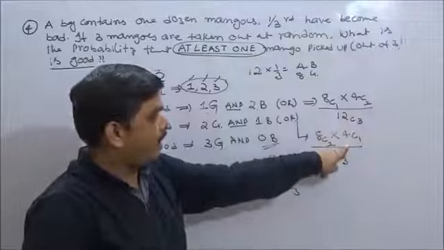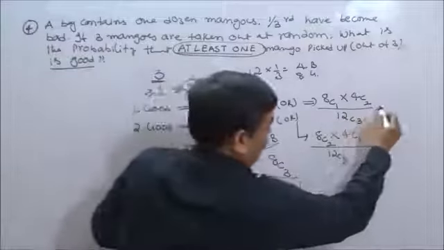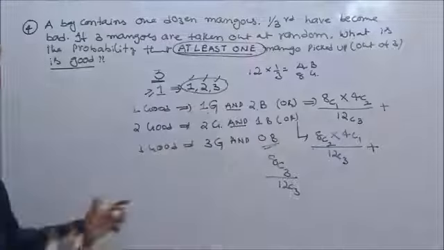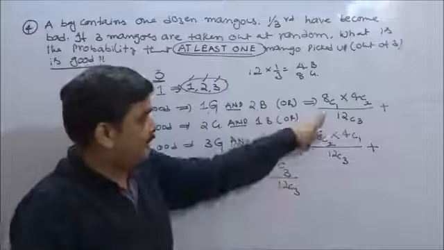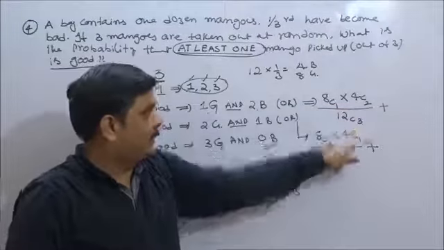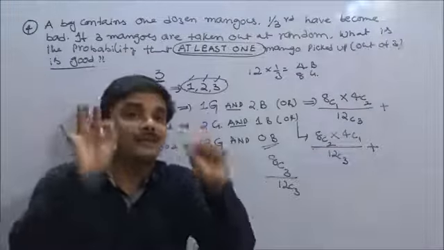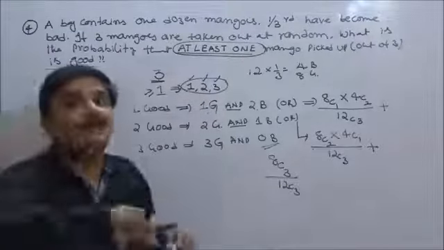This or this or this, which means finally you have to add up all the things. 8C1 into 4C2 divided by 12C3, plus this, plus this will give me the final answer. What is the question? At least 1 good.